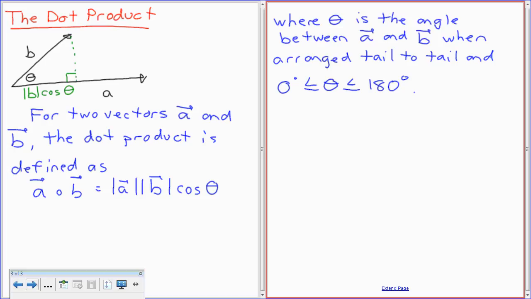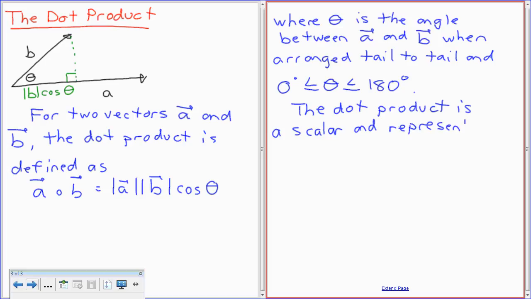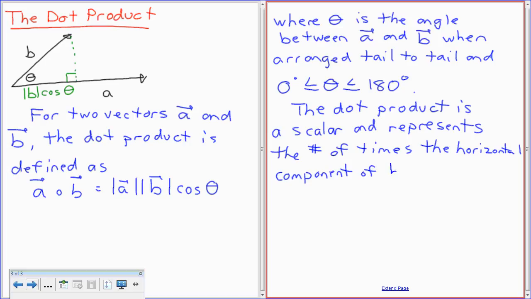Okay, we're going to say then the dot product is a scalar and represents the number of times the horizontal component of B is multiplied by A. I'm going to get out of the way here.